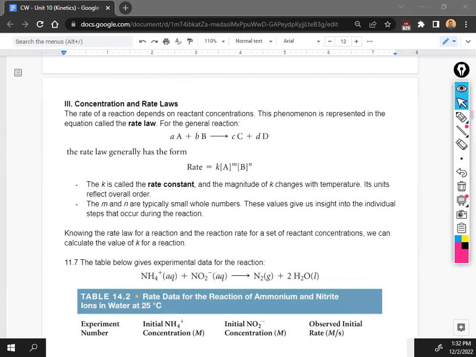Make sure you guys write the general reaction, the lowercase a, capital A, plus lowercase b, capital B, and then the arrow. And then I want you guys to write the rate law underneath right here as well. So these two things. Okay, the general reaction, because the general reaction is going to determine the rate law.